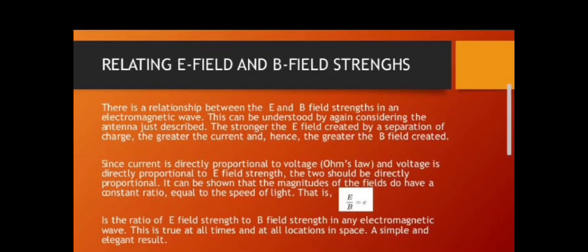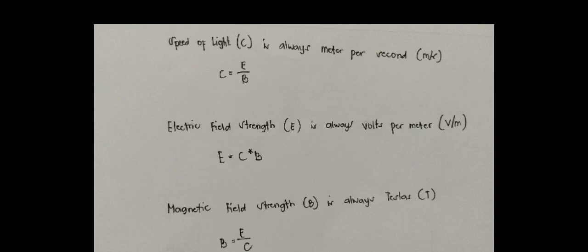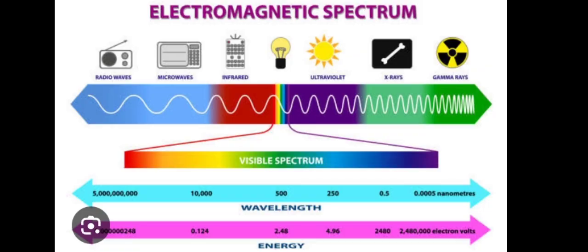Mathematically, this relationship is expressed as electric over magnetic field strength equals the speed of light, where c is the speed of light. This constant ratio holds true at all times and in all locations in space, reflecting a fundamental property of electromagnetic waves. So these are the formulas on how to find the speed of light, the electric field strength, and even the magnetic field strength. Moving on to our next topic, the electromagnetic spectrum.